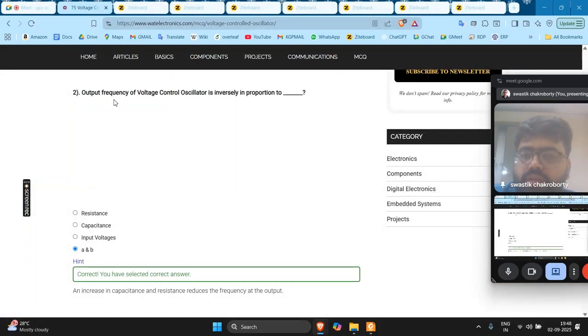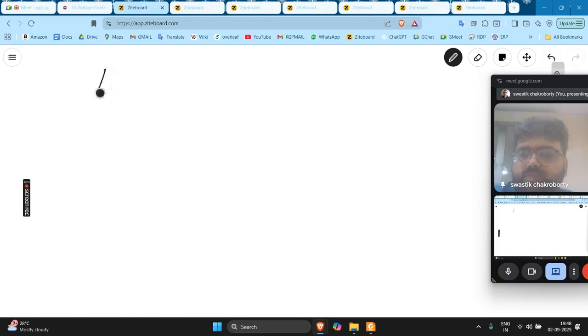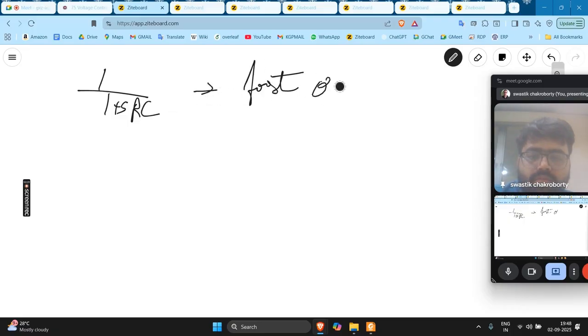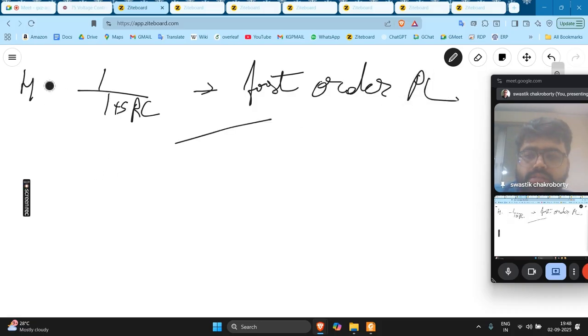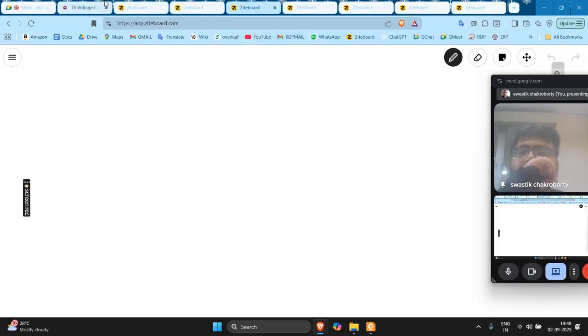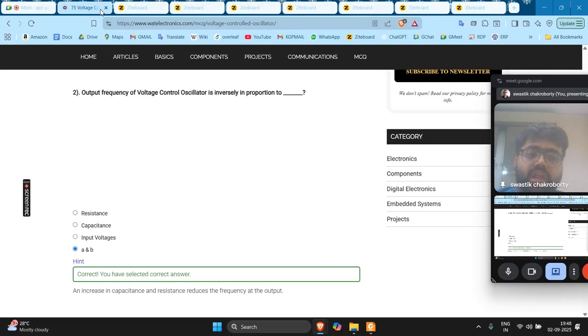So output frequency is, the loop filter is 1 by 1 plus sRC if it is a first order PLL. Now this H(s), if you do small signal analysis, then this loop filter value, the gain value will be low, so the output frequency will be smaller.